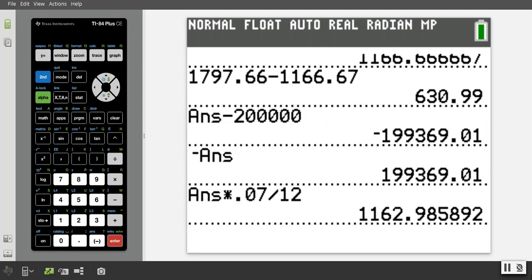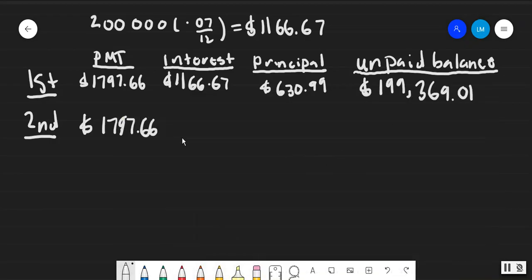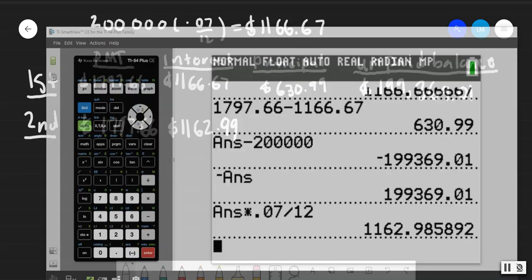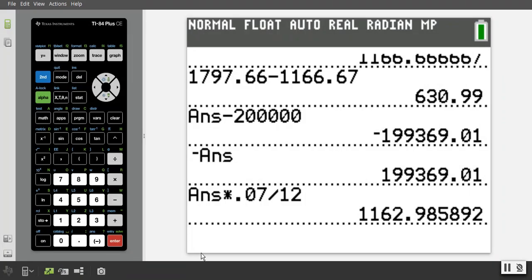The interest that's due is 1162.99. So most of the payment is going towards interest actually. So we take the 1797.66 and we subtract the interest that's due.